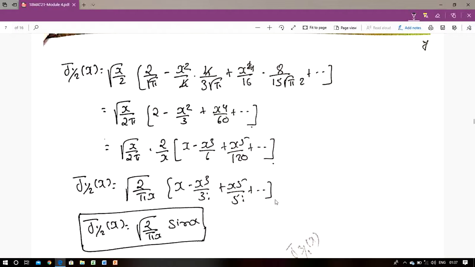By using the binomial series, this whole term can be written as sin x. Therefore J of 1 by 2 of x is equal to root of 2 by pi x into sin x. Thank you.